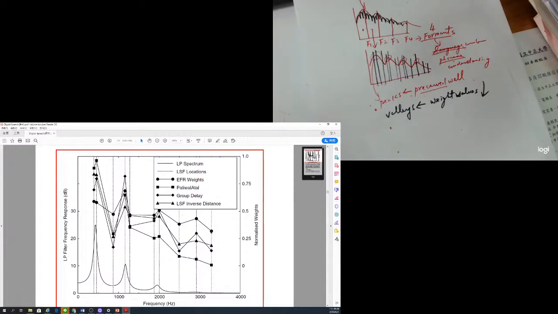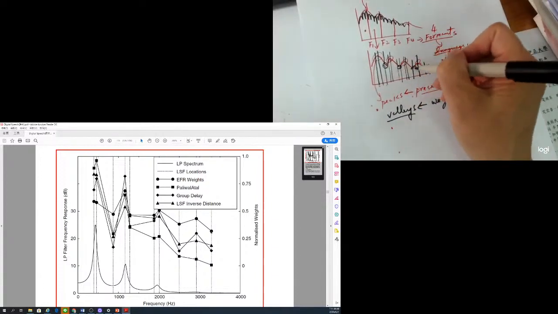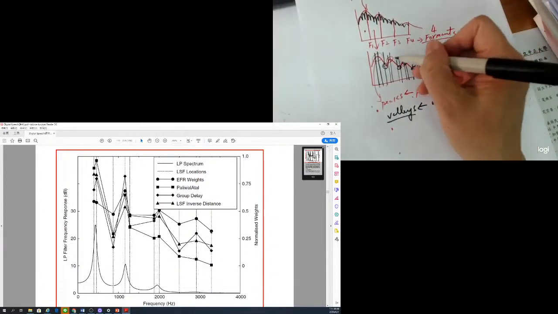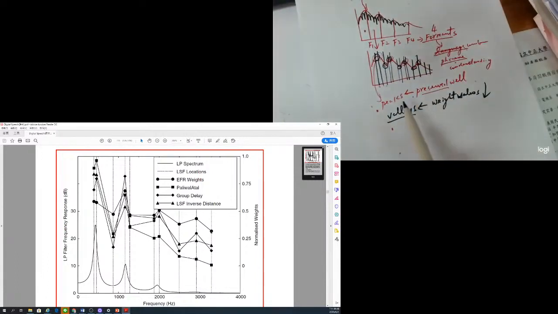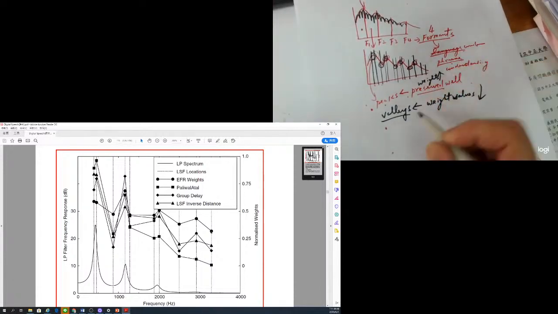If your line spectrum frequency is related to the peak point, it will be given a high weighting value. If the line spectrum frequency coefficient is related to the valley, so this one is your valley, this one is your peak point. For the envelope shape peak points we give the weight value bigger, and if related to the valley, the lower point, we give the weight value lower.